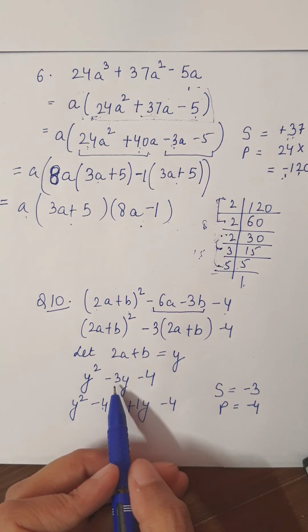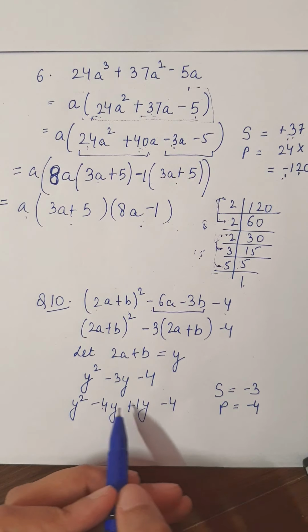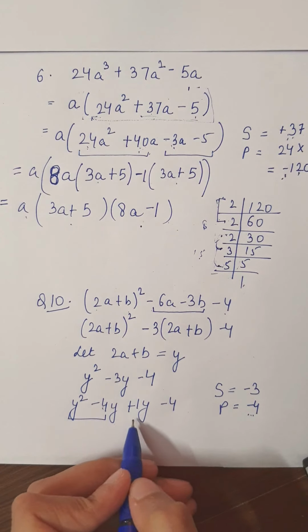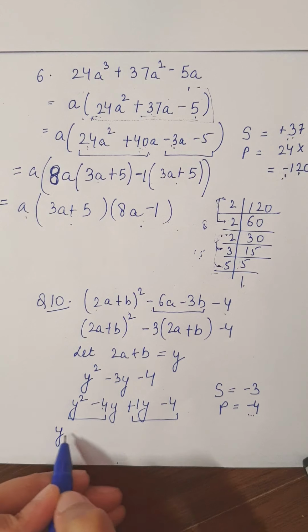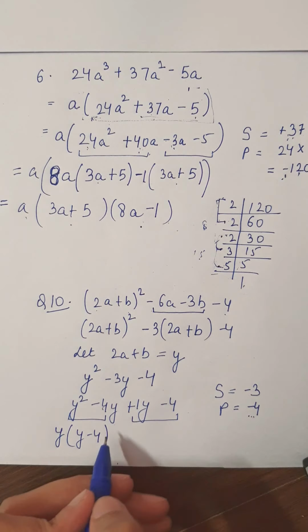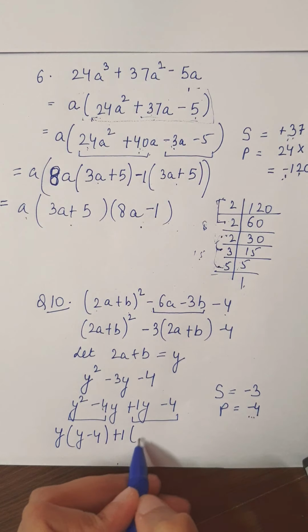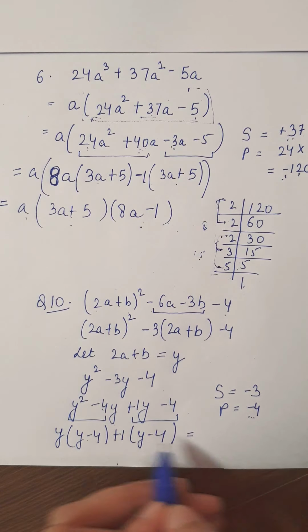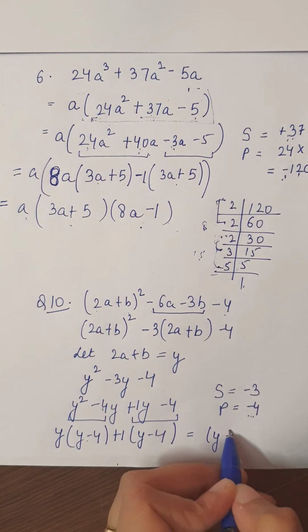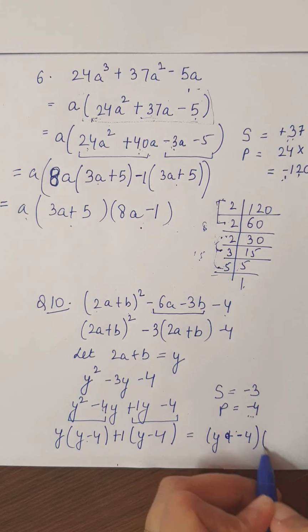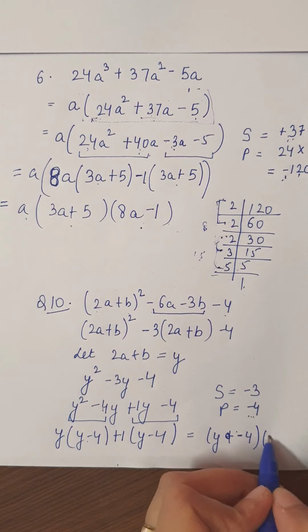Minus 4 plus 1 is minus 3, and minus 4 into plus 1 is minus 4. So again normal grouping, y is common, y minus 4, and here nothing is common, so we take plus 1, y minus 4. Since brackets are same, the same bracket I am writing, y minus 4 and y plus 1.